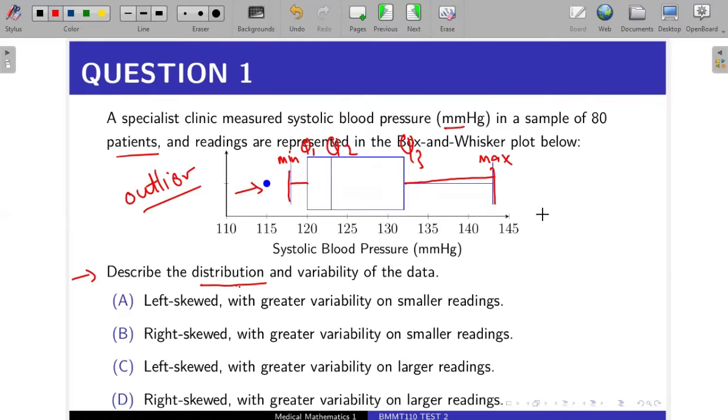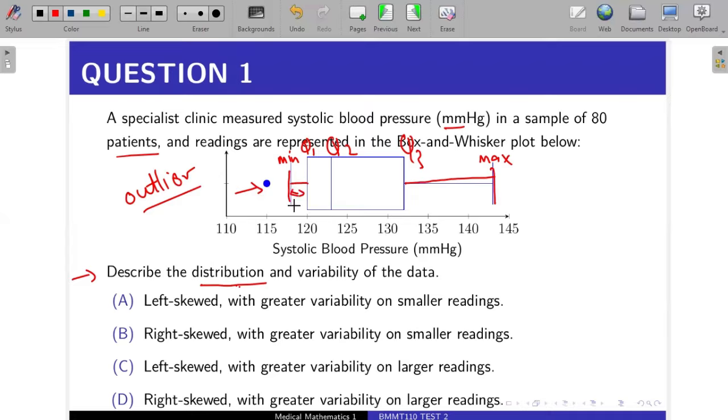Okay, so depending on the length of the whisker, we can tell that this distribution, the data is skewed to the left or skewed to the right. So you just compare the length. The whisker that is going to be longer is going to show us that the distribution is skewed to that side. So we see that on the left here, the length of this whisker is very short.